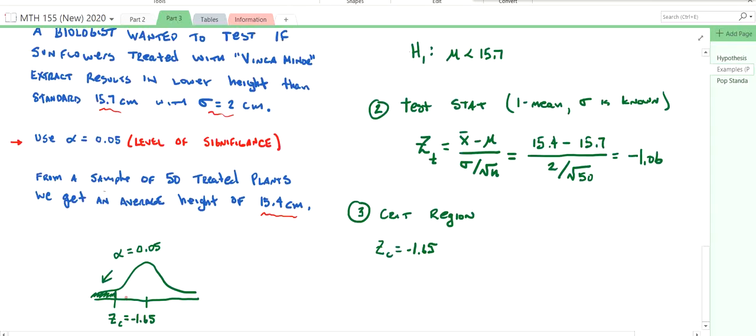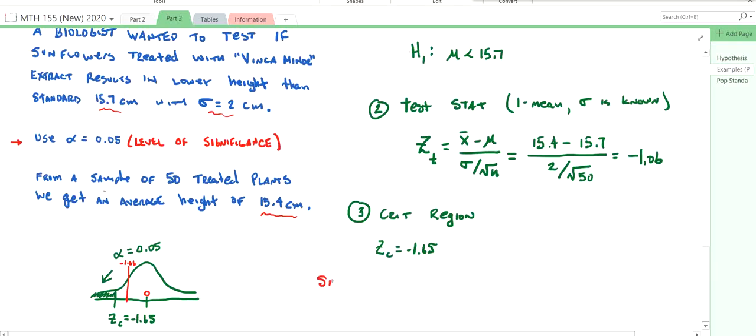And minus 1.06 is here somewhere. Because recall, the mean in the standard normal curve is 0, and the standard deviation of the standard normal curve is 1. So our test value is a little over 1 standard deviation to the left of the mean, but it falls here to the right.